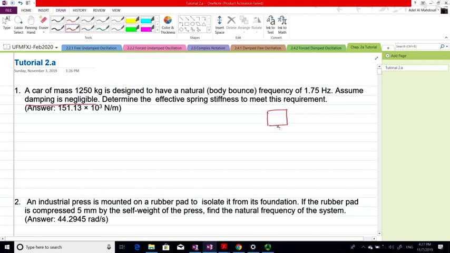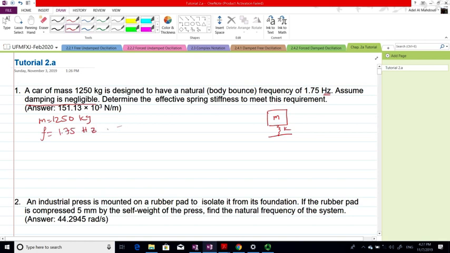This car has a mass, and it will have a spring which has stiffness K. The mass is given, 1,250 kilograms, and the natural frequency, as you see, is in hertz. Then it will not be angular, it will be only the frequency, which is 1.75 hertz.